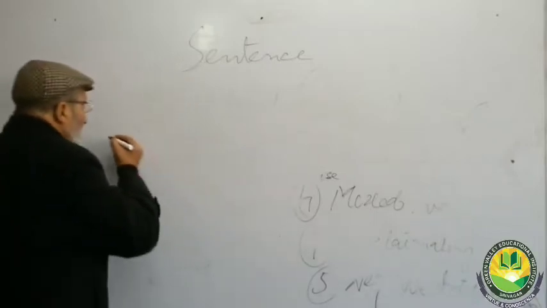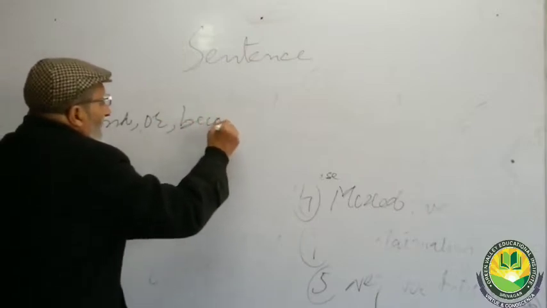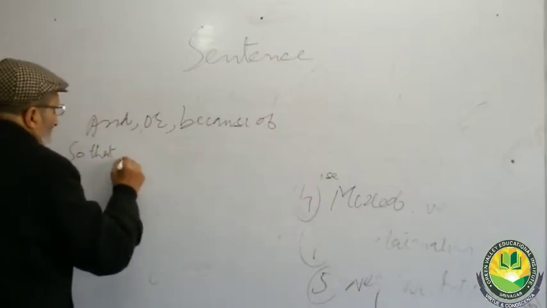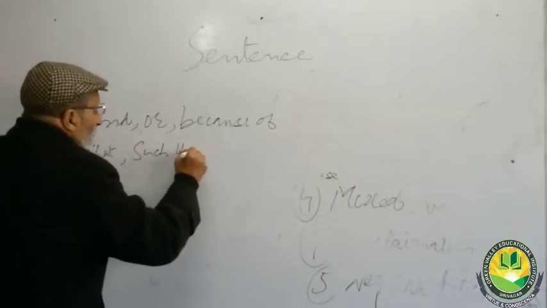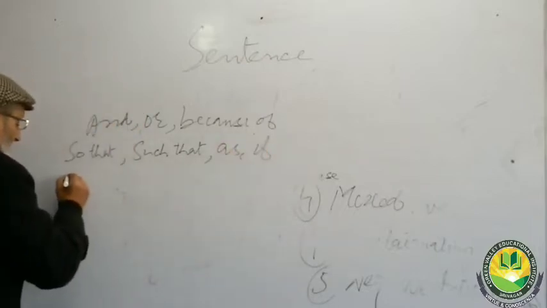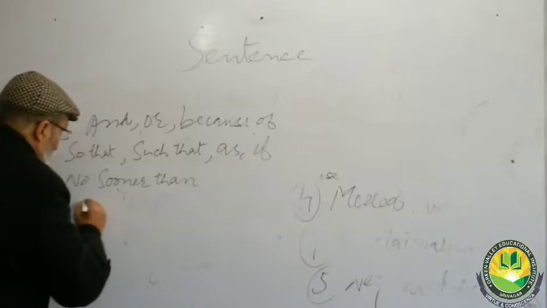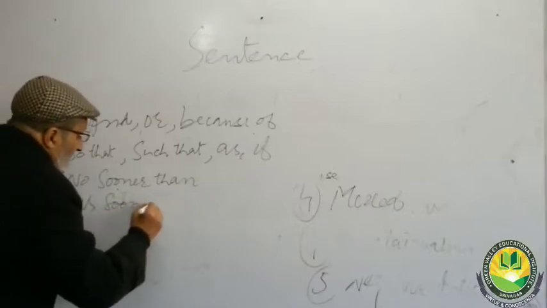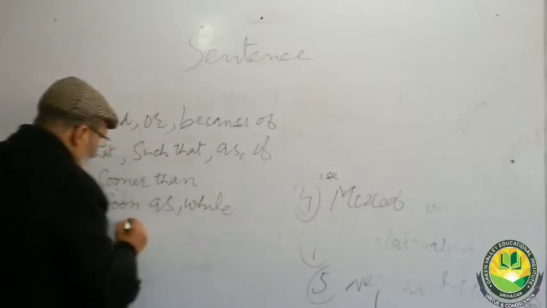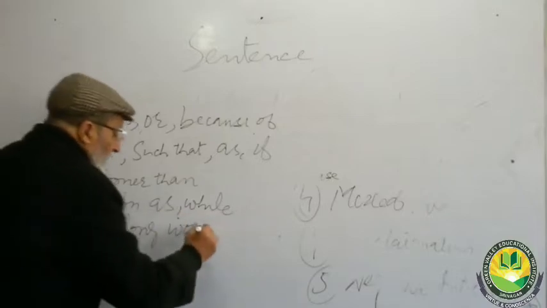And the conjunctions are and, or, because of, so that, such that, as if, no sooner than, as soon as, whereas, along with, together with.